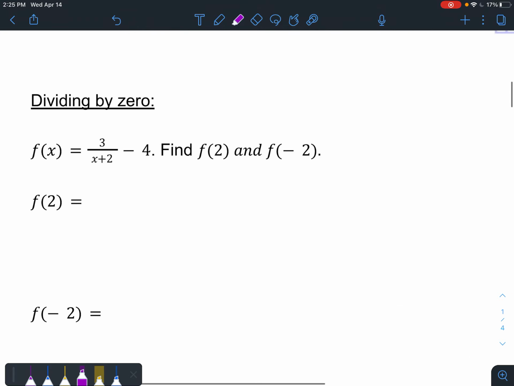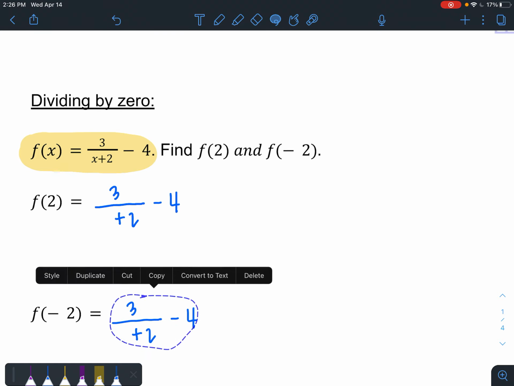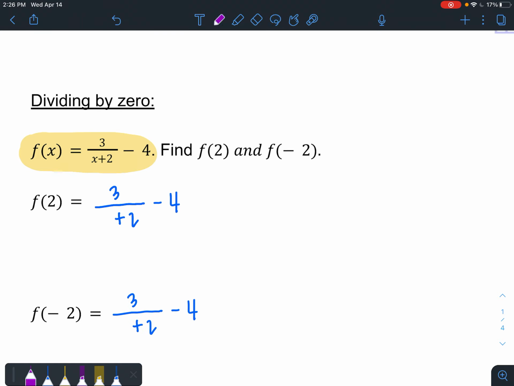Okay, so there's something we know that we can't do. We can't divide by 0. So I'm going to go ahead and find f of 2 and f of -2, given f right here. So I get 3 over x plus 2 minus 4. I'm actually going to copy this down because this is going to be the same equation, just different numbers being plugged in. So for this one, I'm plugging in 2.